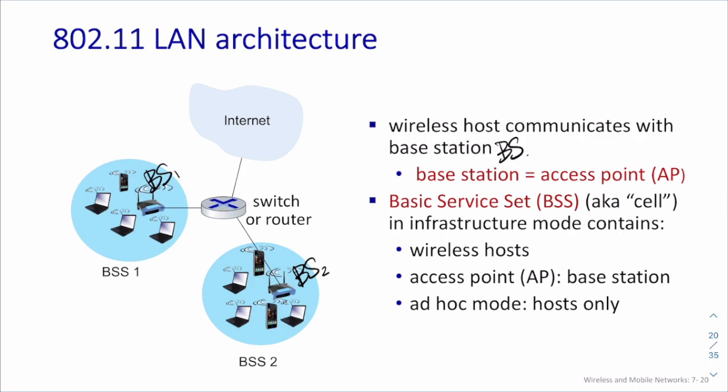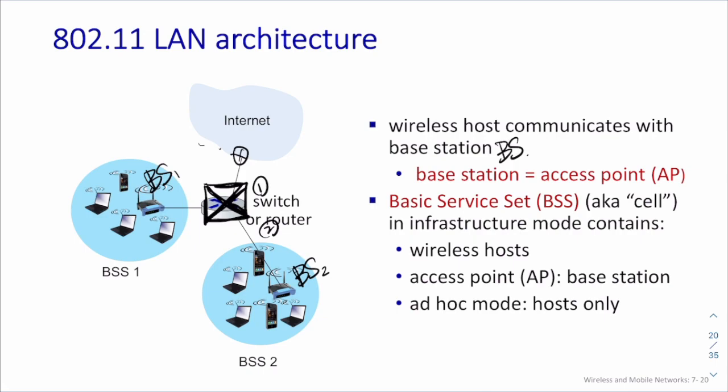So right here, for example, we have two different settings. If it is a switch which is attached after the base stations, as we mentioned before, because a switch is a layer 2 device, BSS1 and BSS2 are under the same subnet. Maybe there should be a router right here.